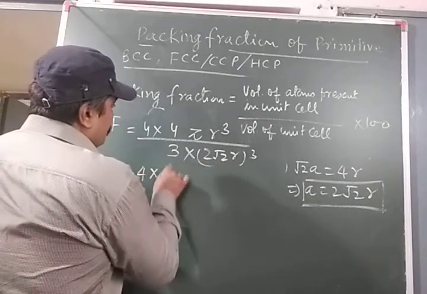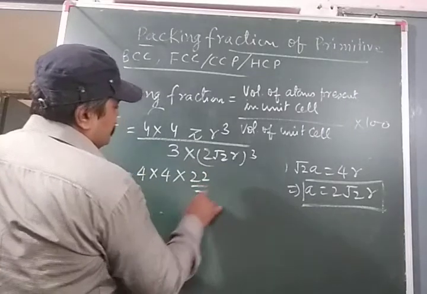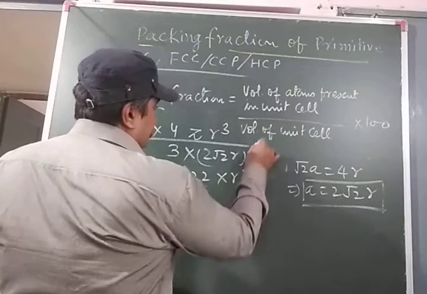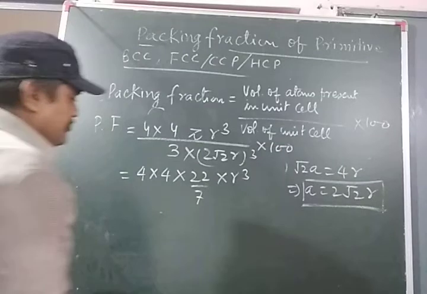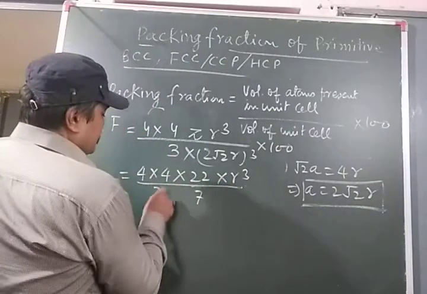Now look, 4 into 4 into, in place of pi I am writing 22 by 7, and this r cube. Here to find out the percentage we will write into 100 also. Okay, this 3 is already here.